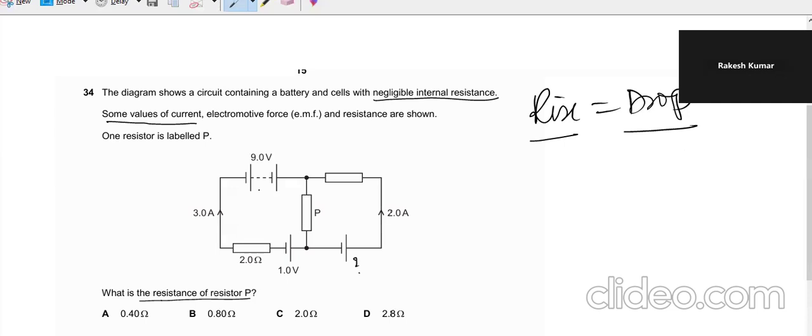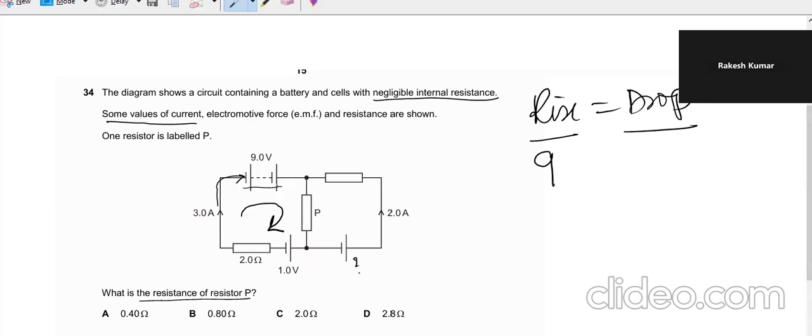So how do I look at this? I visualize myself as an electron, and I am going through this. Okay, and what do I see? In some books, you go in some direction. I am looking at it as an electron moving in this direction. Okay, I enter this 9-volt battery and I gain energy of 9 volts. So 9 volt I will gain. So I put it on the right side.